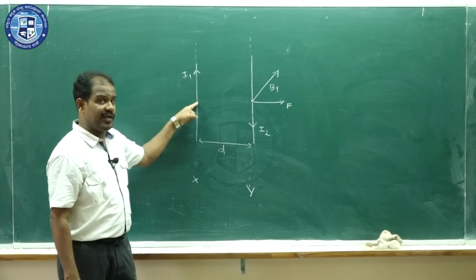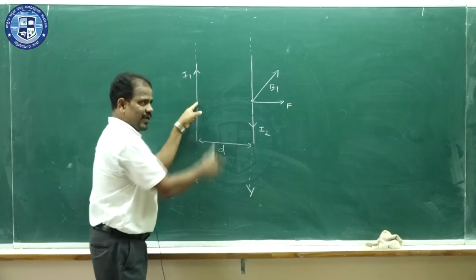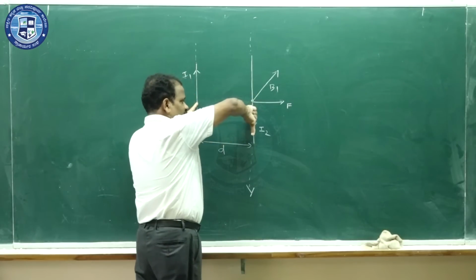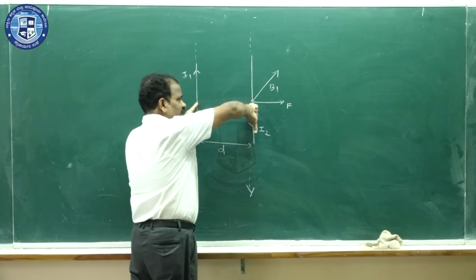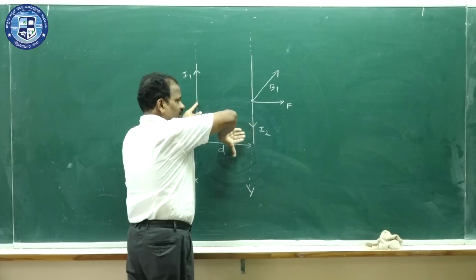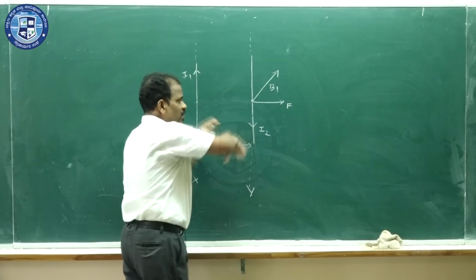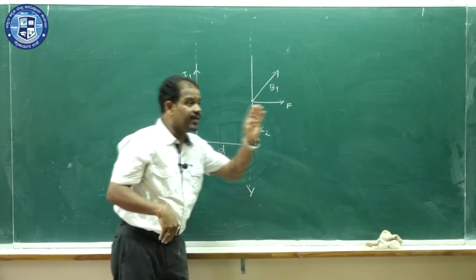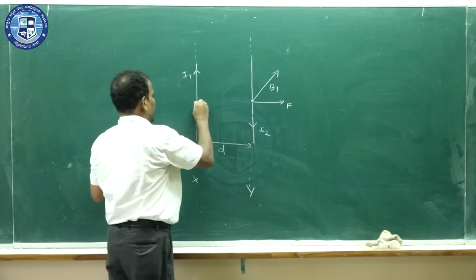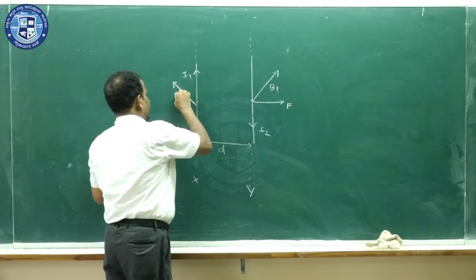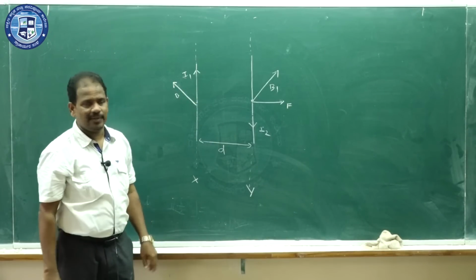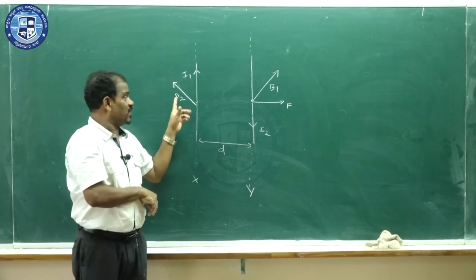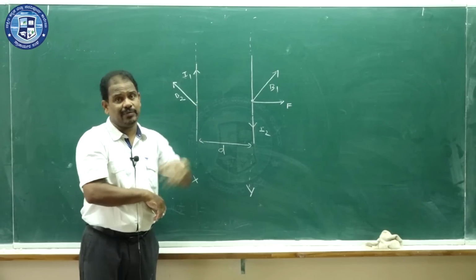Here the current is not going up, the current is coming downwards. This is the direction of current. See it carefully. So see the encircled fingers. Here it is coming out, here it is going in, here it is coming out, here it is going in. So this is the direction of the magnetic field. And I call this magnetic field B2. Why? Because this is the magnetic field due to which current? I2.